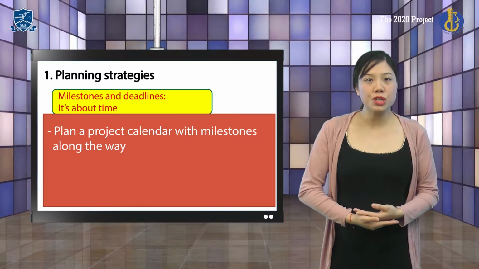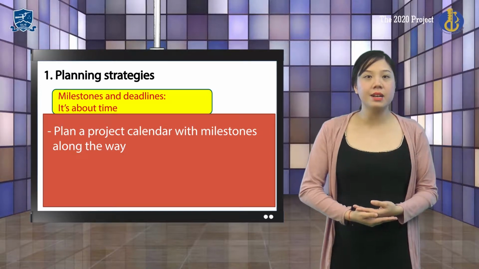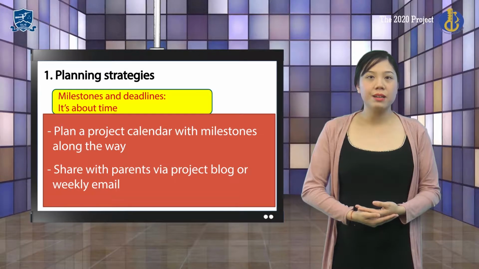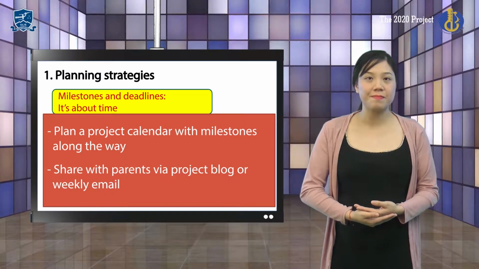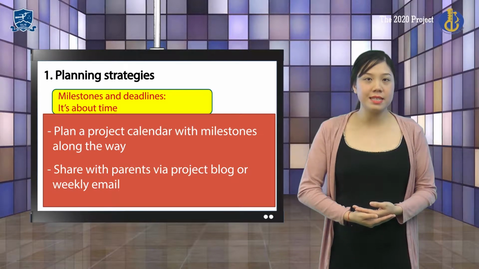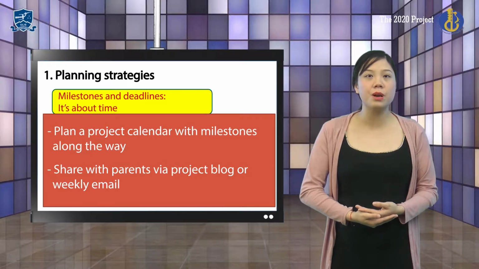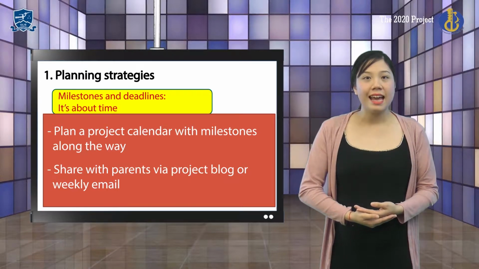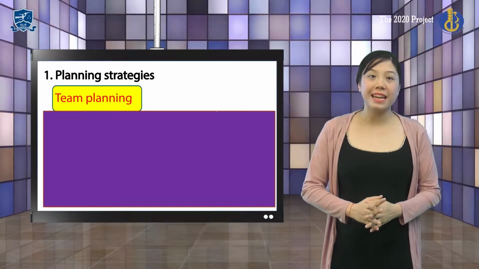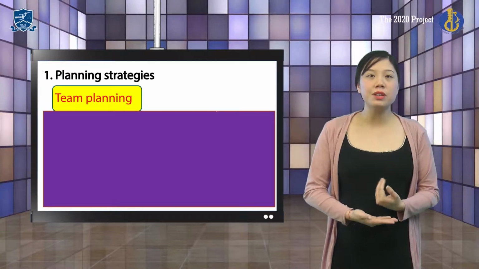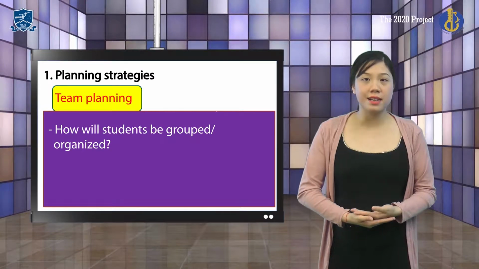You should also share your planning calendar with parents via project blog or weekly email about the projects. Learning management systems offer teachers and students another way to organize all the components of a project in an online environment. Team planning. How will students be grouped or organized?